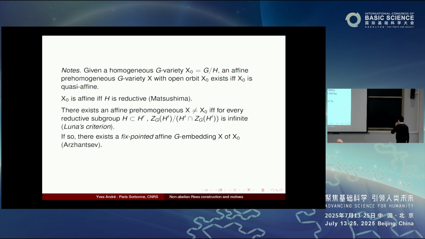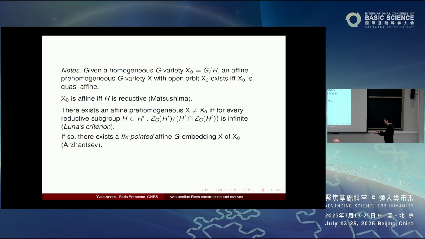So some comments about the definitions. First of all, if one starts with a homogeneous G-variety X naught, so G modulo H, the question of the existence of an affine pre-homogeneous G-variety with open orbit X naught is equivalent to the fact that X naught is quasi-affine, so it embeds in some affine variety.